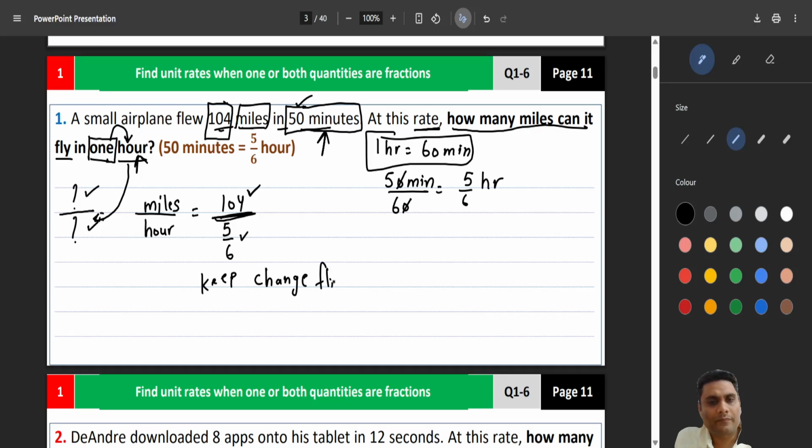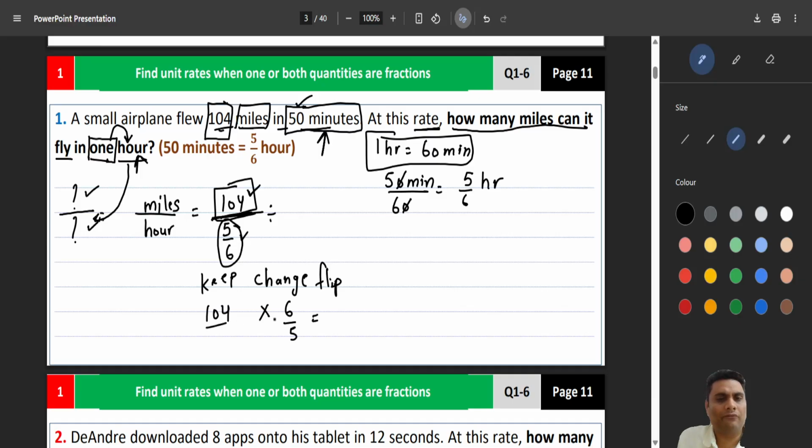Okay, now see, what is the meaning of this? Keep, yani take the first number which is above and keep it as it is without doing anything. Change, yani, this is taksim, right? Change the taksim into darb. Change the divide into multiply. And finally flip. Flip the fraction. The 6 will go up, 5 will go down. Okay. Now we have to solve it.